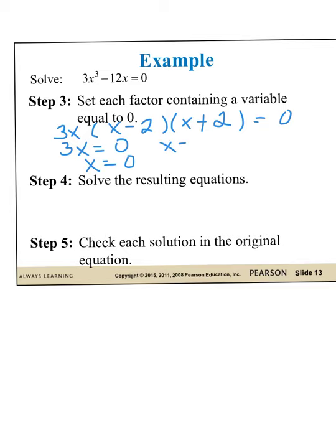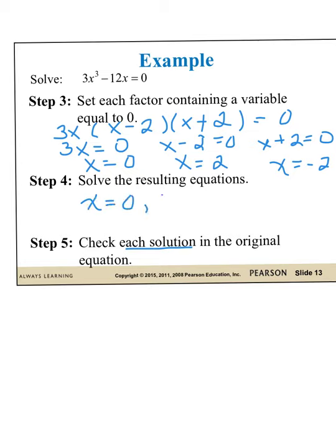X minus 2 equals 0 if x is equal to positive 2. And x plus 2 equals 0 means x would have been negative 2. And so we have our solutions. And our solutions are x equals 0, 2, or negative 2.